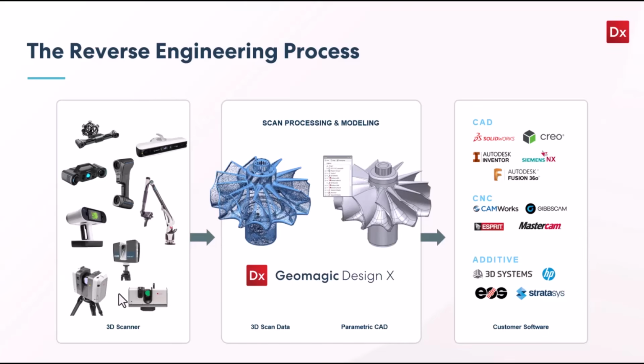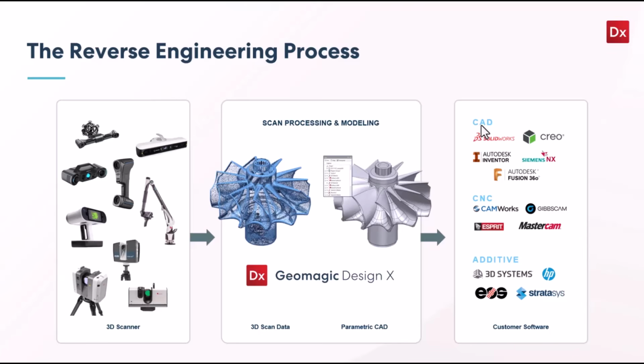Enter DesignX. We created this software that is a parametric CAD modeling kernel with a 3D scan kernel all in one space, right? So then we take this data, do the heavy lifting, and then we extract model information and output it in different sources like you see on the right-hand side, whether these are the high-level outputs.